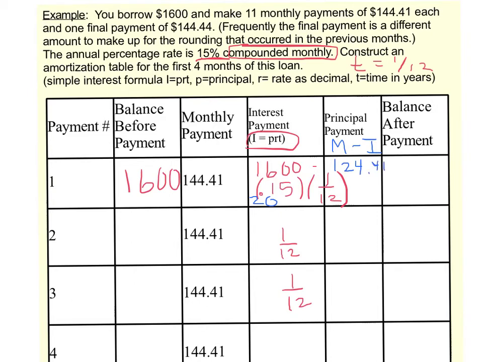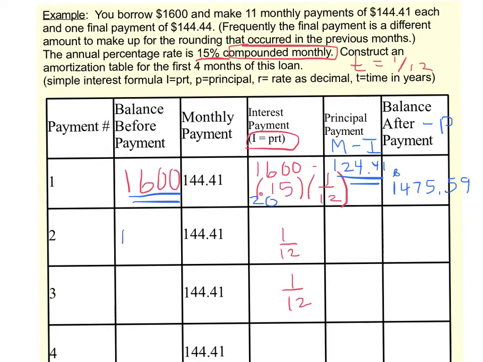And then my balance after my payment is really going to be my balance before minus my principal payment. So I'm going to take this 1,600 minus this 124.41, and I get 1475.59, and that is my new balance on this loan after the first payment.